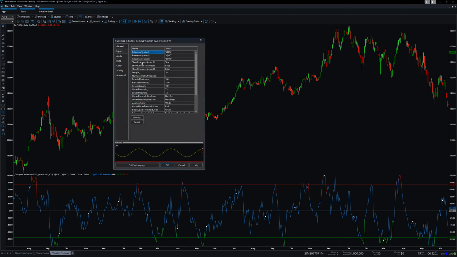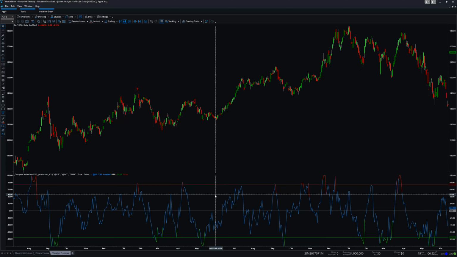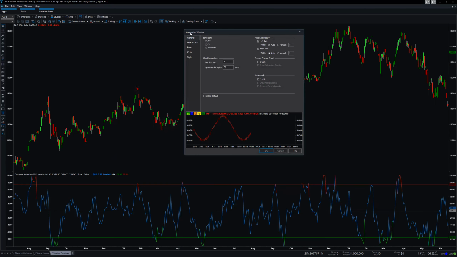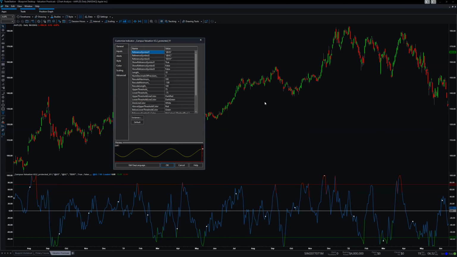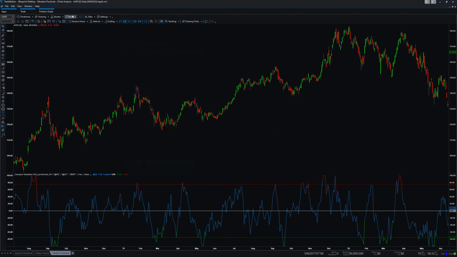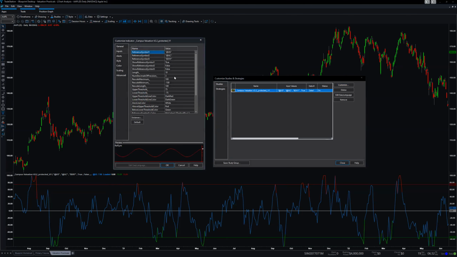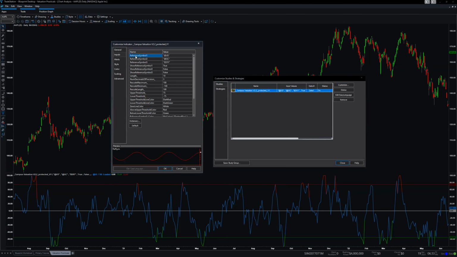The double click is really a shortcut, but if you ever don't manage to grab it, sometimes this happens, you can always go up here to studies, and then edit studies. Customize, now we're within the input settings. So we now have a couple of reference symbols. And at the moment, we just care about reference symbol 1, which is going to be based on @US. Those are the treasury bond markets.